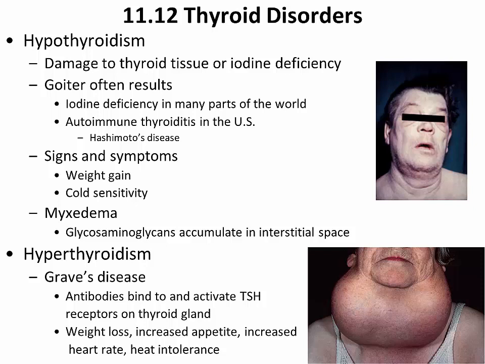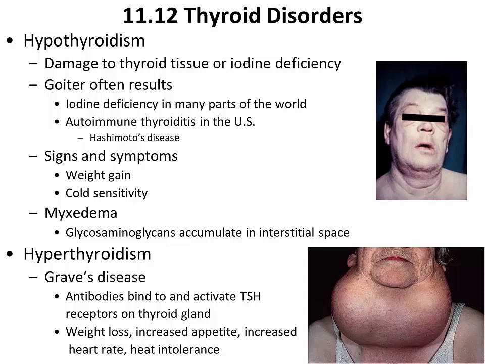One possibility is damage to thyroid tissue, typically as the result of an autoimmune response, or iodine deficiency, which, as we mentioned previously, are common in parts of the world that do not have access to iodinized salt.